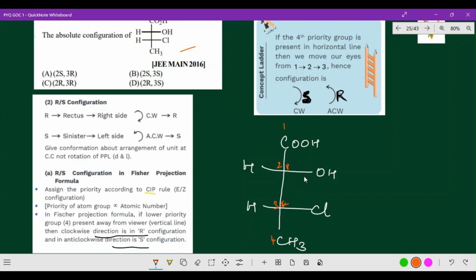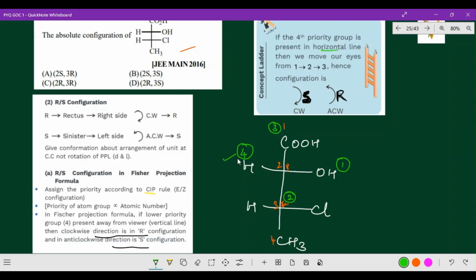The next step is to see which atomic number is higher; we give that the higher priority. Oxygen has the higher atomic number compared with the others. So here, on the first side, the second carbon gets the first priority, then CHCl gets the second priority, and the third one gets priority 3. The fourth priority group is present on the horizontal line.